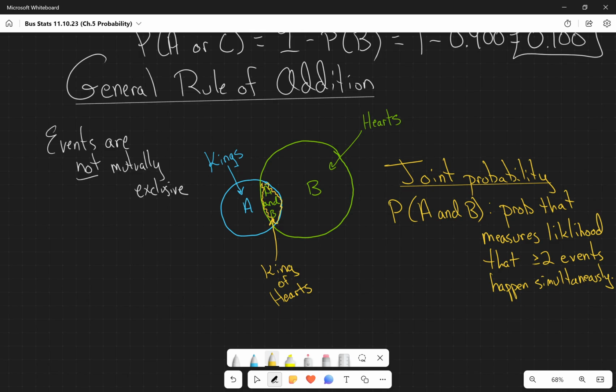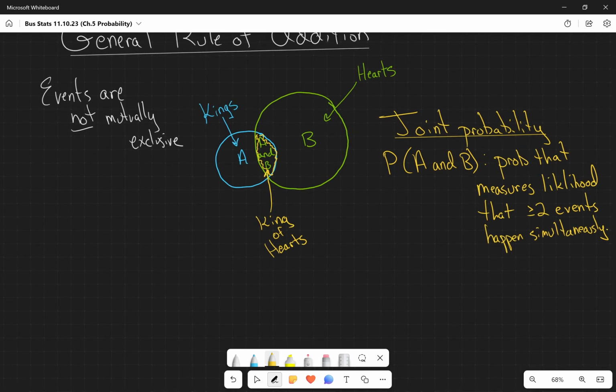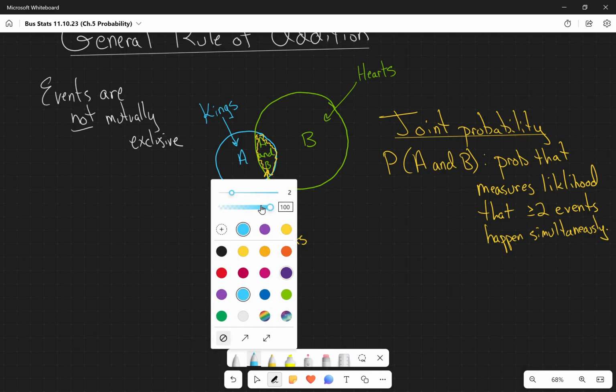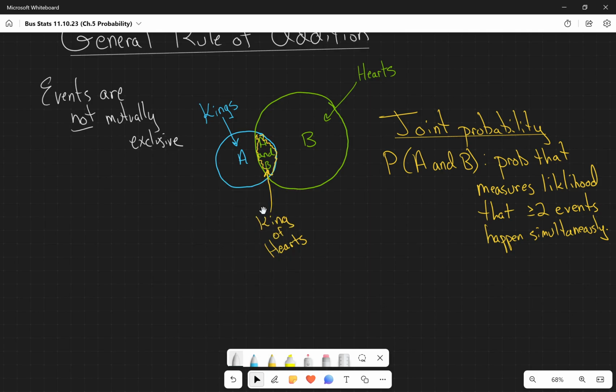And so when we have a situation where they are not mutually exclusive and we have some joint probability, now when we're asked to figure out the probability of something or something else happening, we're going to be using what's called the general rule of addition.